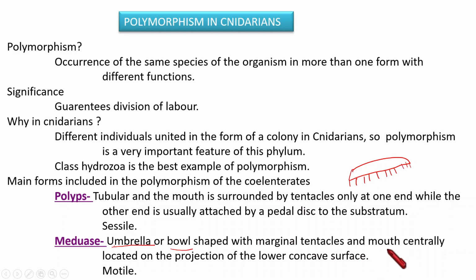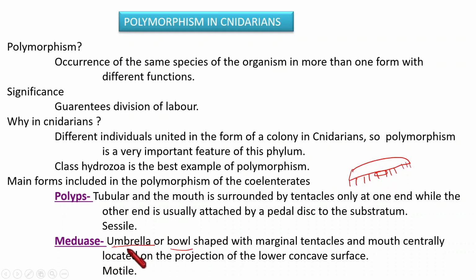The mouth is present, located centrally to that circular structure, and in most cases the mouth is present at the end of the manubrium. I hope you have learned that in the Cnidarian chapter, so I'm not going to explain manubrium again.